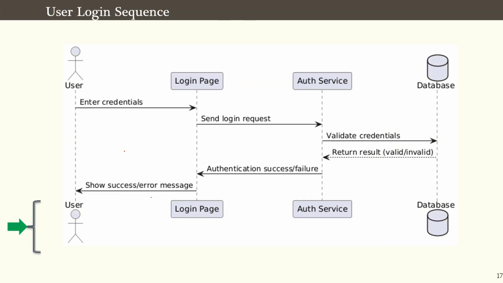Now let's see the login sequence, that is post registration. The same user enters the credentials in the login page. We have an authentication service, that's another object, which authenticates and validates the data against the database.